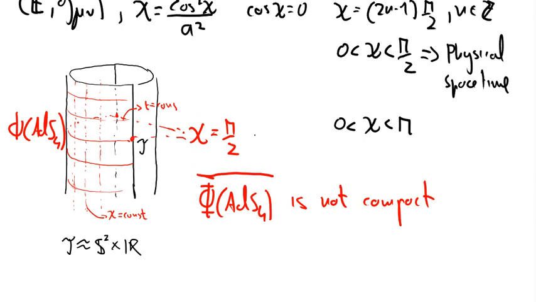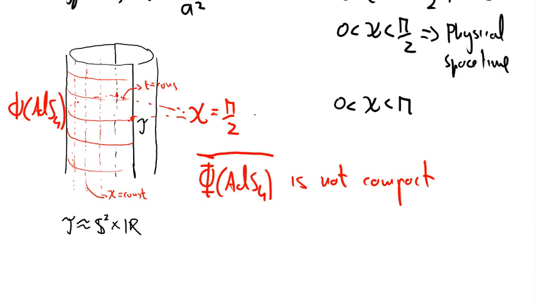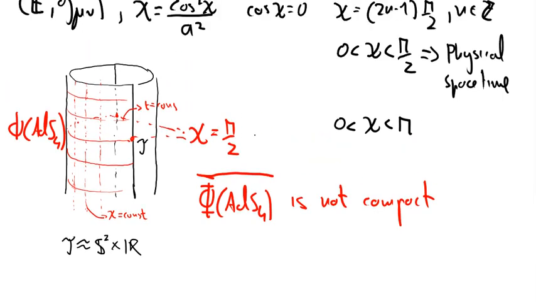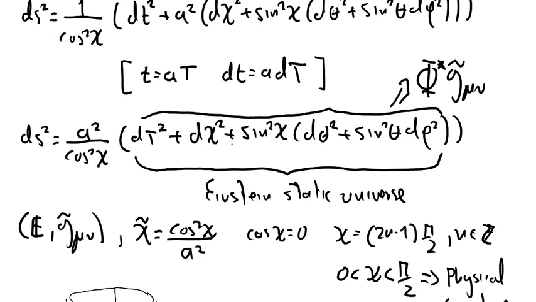What we can do is go back to the expression of the metric we found, and do a further coordinate transformation which will enable us to find a conformal embedding of anti-de Sitter into another space-time.